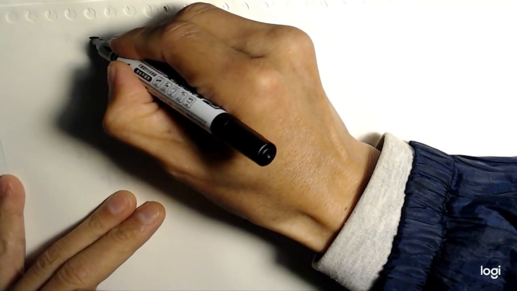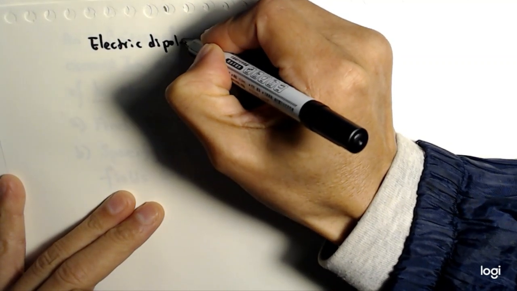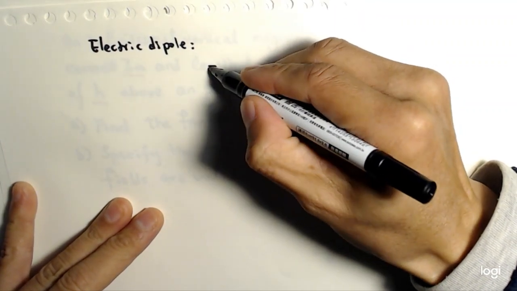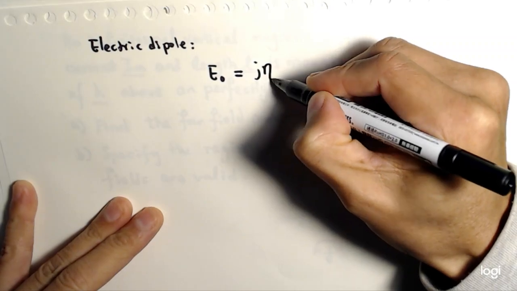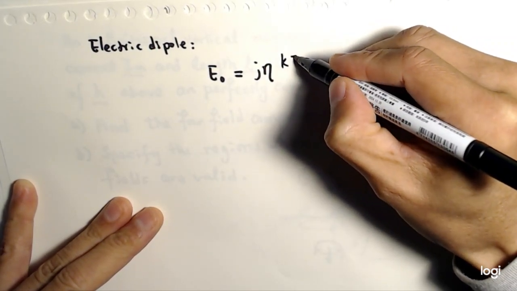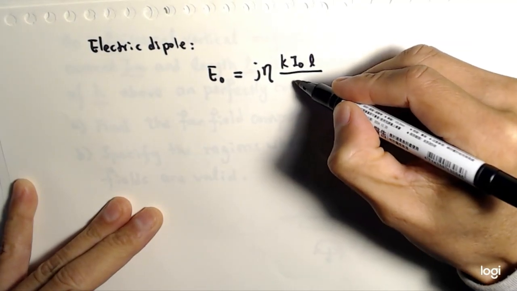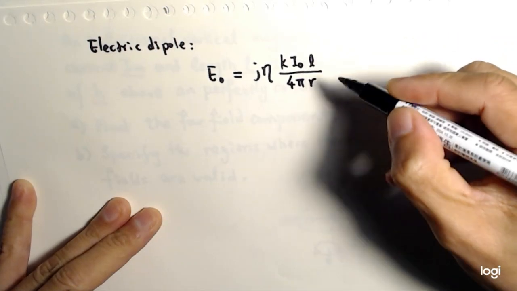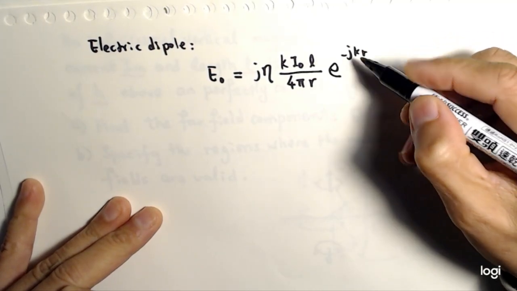First of all, according to the formula for magnetic vector potential, the electric dipole has the far field given by j k I naught, where I naught is the electric current and R is the length, and e to the minus jkr and then sine theta.